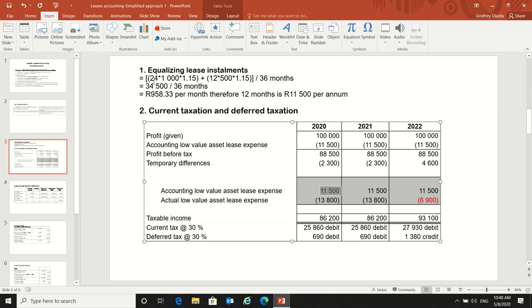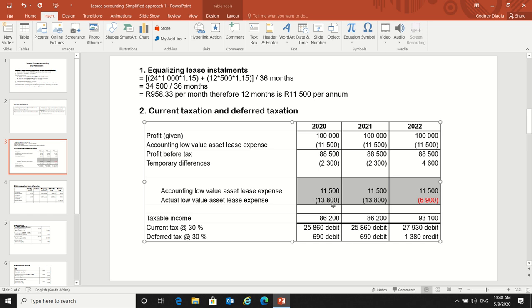I mean, if you check here, the first year it's 12 here where there's 24. You say 12 times 1,000 times 1.15. It should give us this figure here of 13,800, because that is the amount that you're supposed to put there as an actual payment for that year, right?